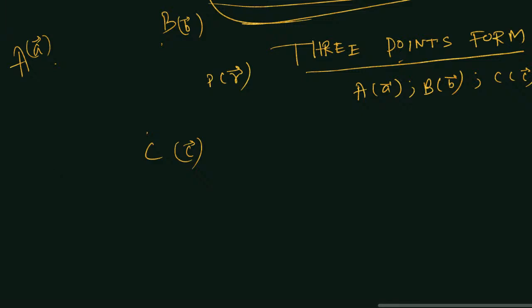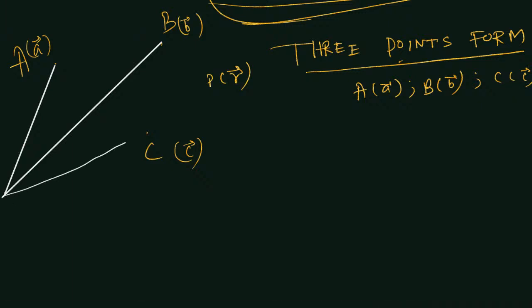Now there is an origin in 3D, 2D, whatever. 3D. There is an origin. This is vector A. This one B. This one C. And this one R. Okay.